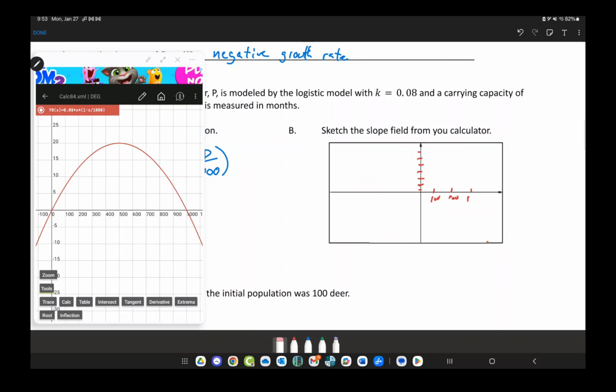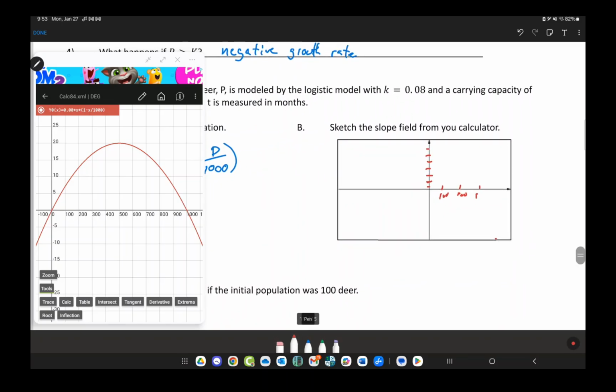Now I think I'm having a little issue because I'm putting the population down here and it should be time.